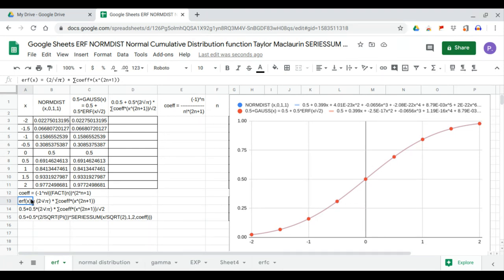The coefficient will be in the form of negative 1 to the power n over factorial n times 2n plus 1. So we begin with the denominator, where n starts from 0 to infinity.